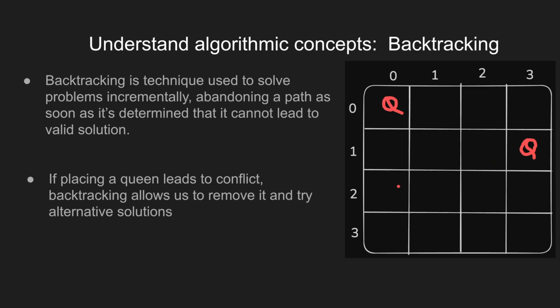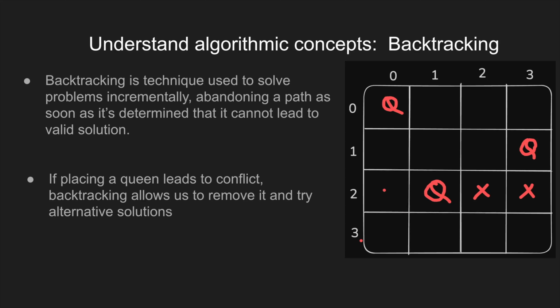Then we will check here. We cannot put here. We can put here, as this column is gone, this diagonal is gone, and this column is gone for this position. This column is gone for this queen. So we can put here.